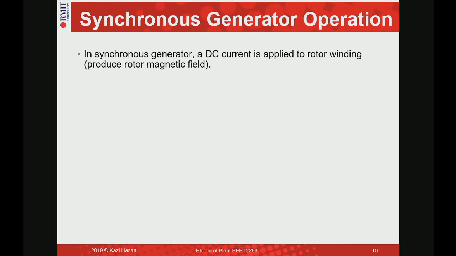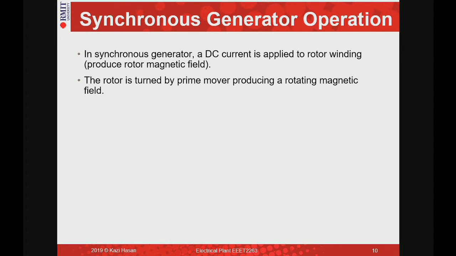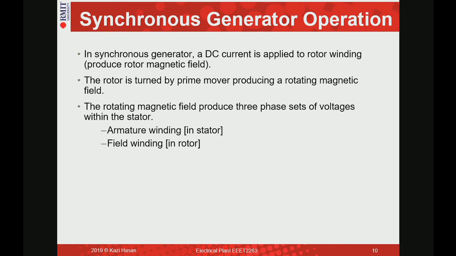Synchronous generator operation, it is the same thing we have discussed. In a synchronous generator, DC current is applied to the rotor winding, and that is producing the rotor magnetic field. The rotor is turned by a prime mover, producing a rotating magnetic field. The rotating magnetic field produces three-phase sets of voltages within the stator.